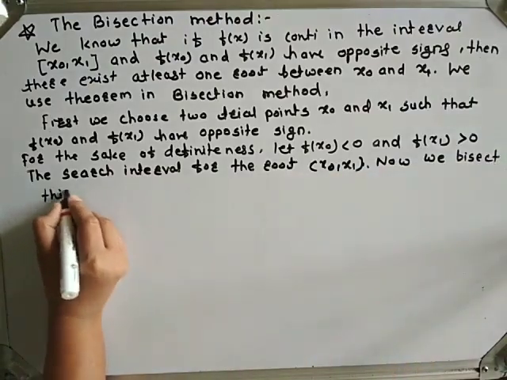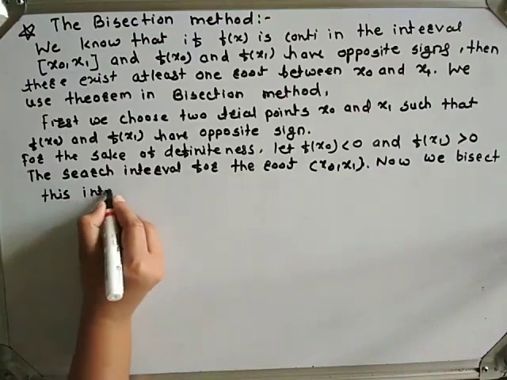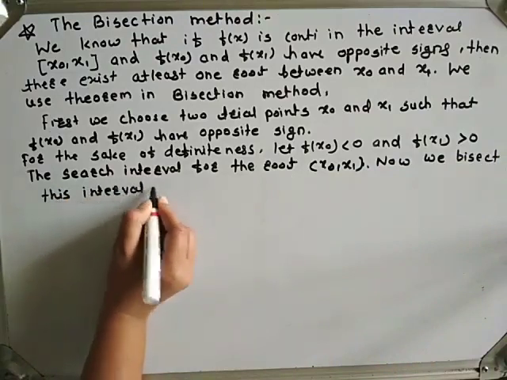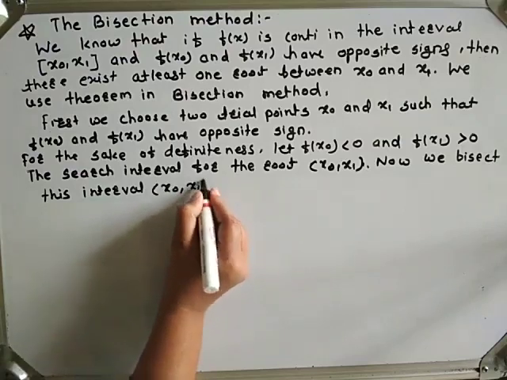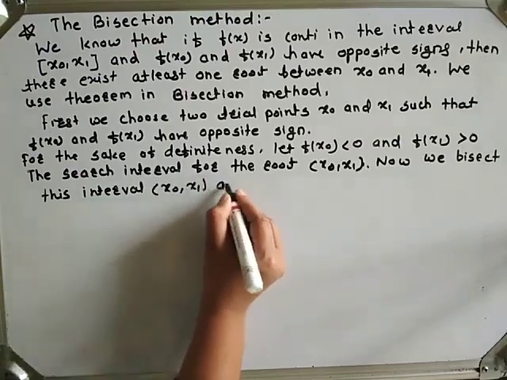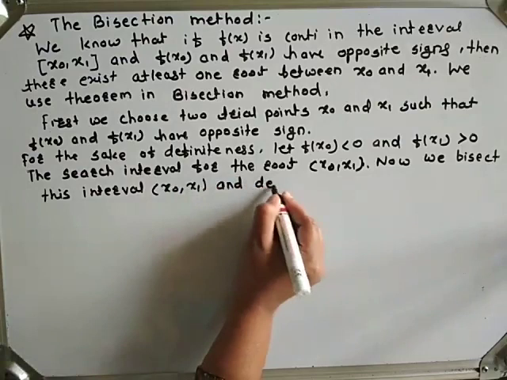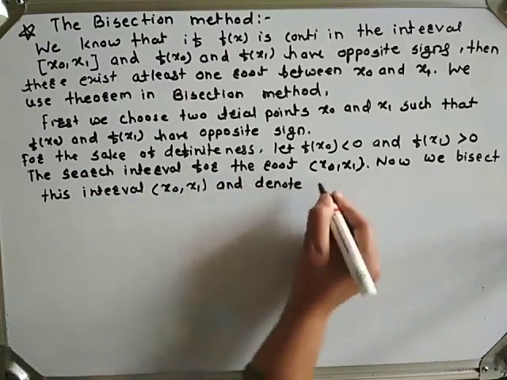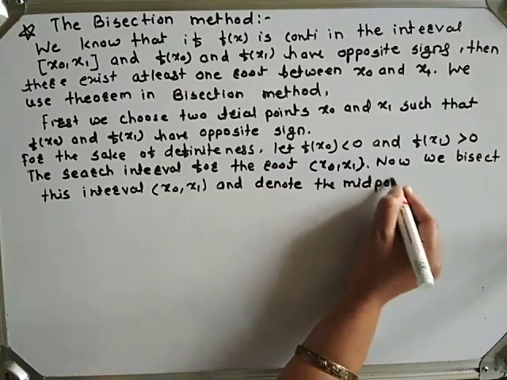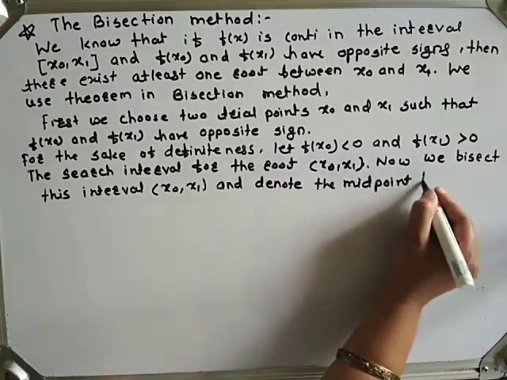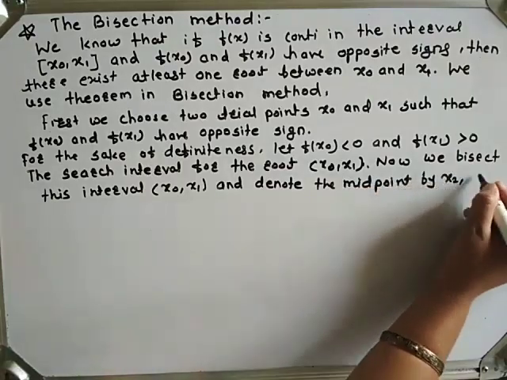Now we bisect this interval x0, x1 and denote the midpoint by x2.